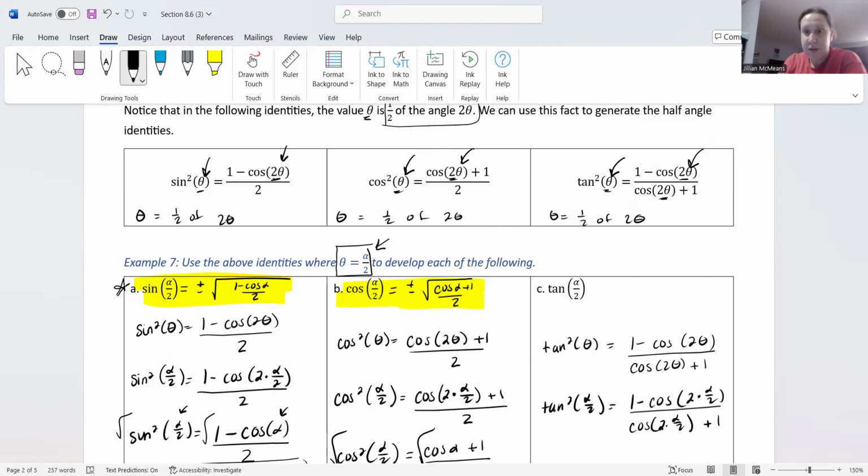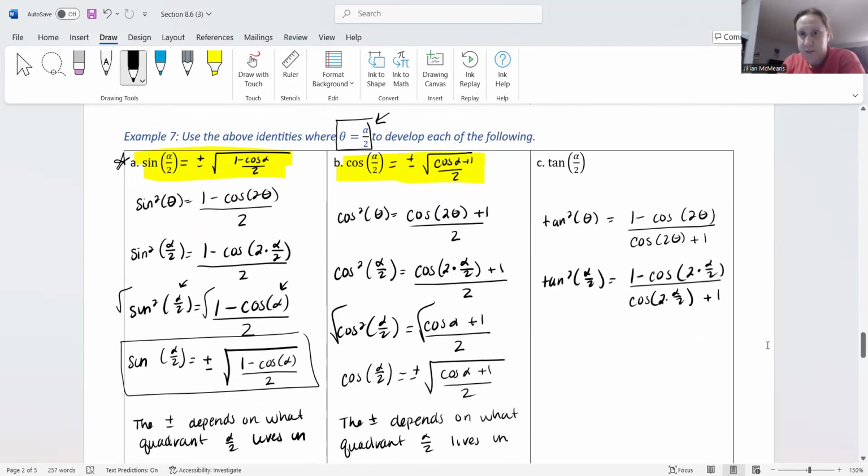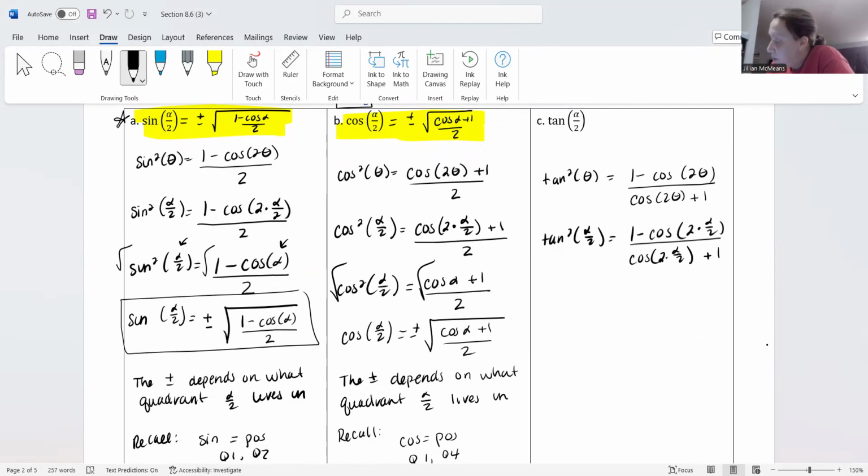We got to do a little simplifying, so let me scroll down a smidgen. So we have tan squared of alpha over 2 equals 1 minus cosine. Well, we have cosine of 2 times alpha over 2, but 2 times alpha over 2 is just alpha. So I get 1 minus cosine alpha all over cosine alpha plus 1.